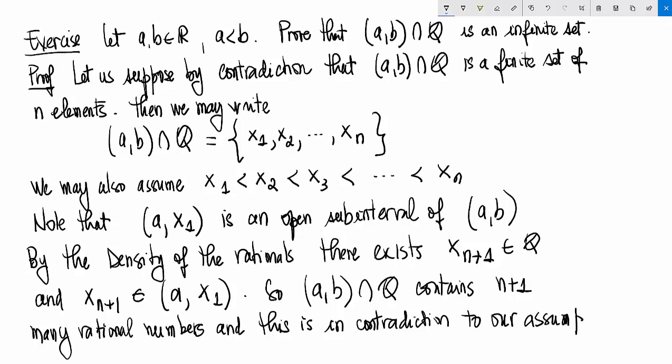So we have violated our own assumption, which shows that this assumption is false. So in fact, there are infinitely many rational numbers inside any open subset of the real numbers.